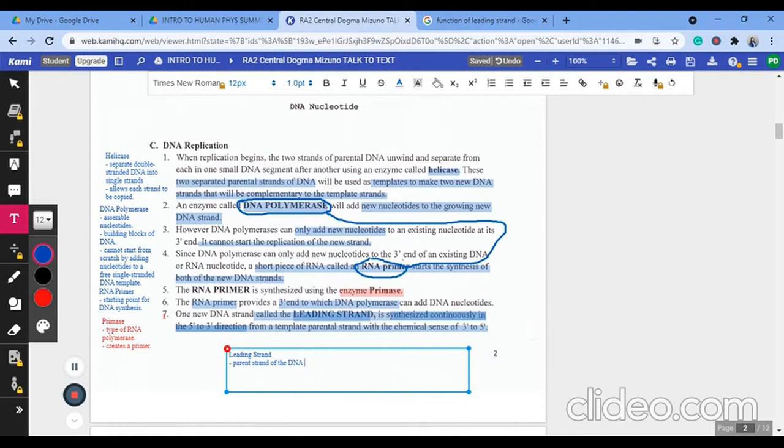So: parent strand of the DNA, runs in the 3 to 5 direction and is continuously replicated by DNA polymerase.